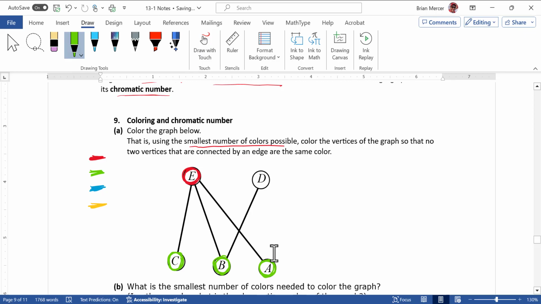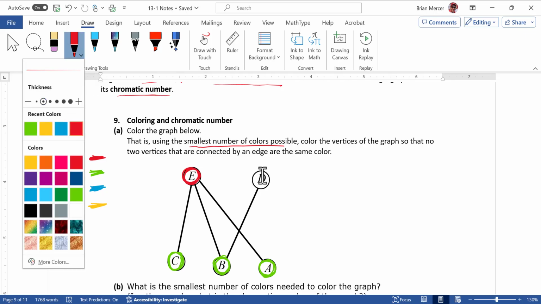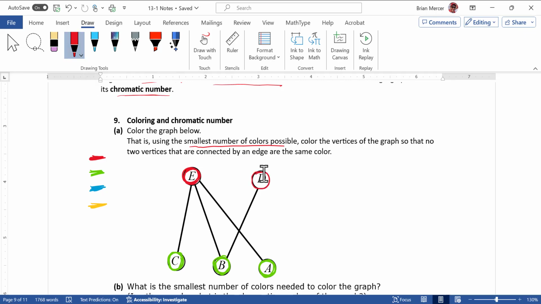Then I go back to D. Notice D isn't connected to E. The biggest mistake people make is thinking D has to be a new color, surely. But no, you go back to your list in order, and D is just red again.